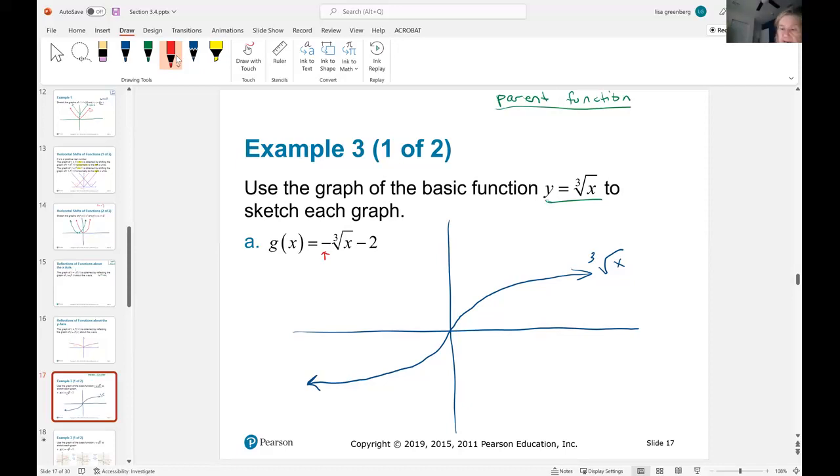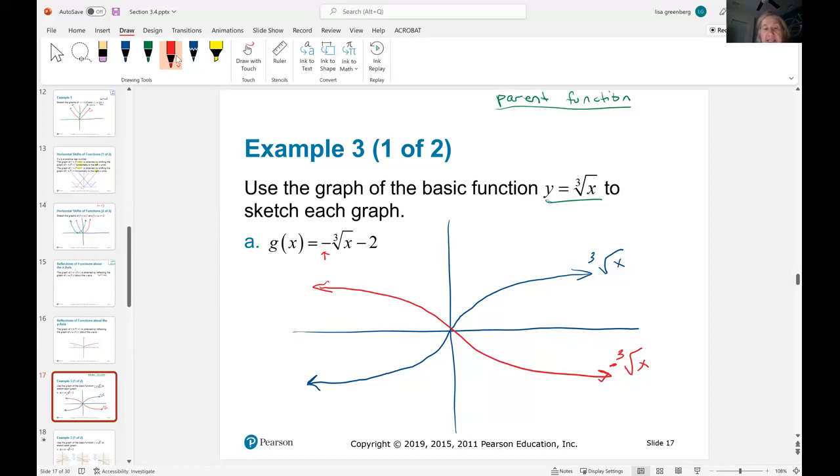So let me flip it first, and now I've flipped it over the x-axis, and this is just negative the cube root of x, because all I did is flip it over the x-axis, okay?